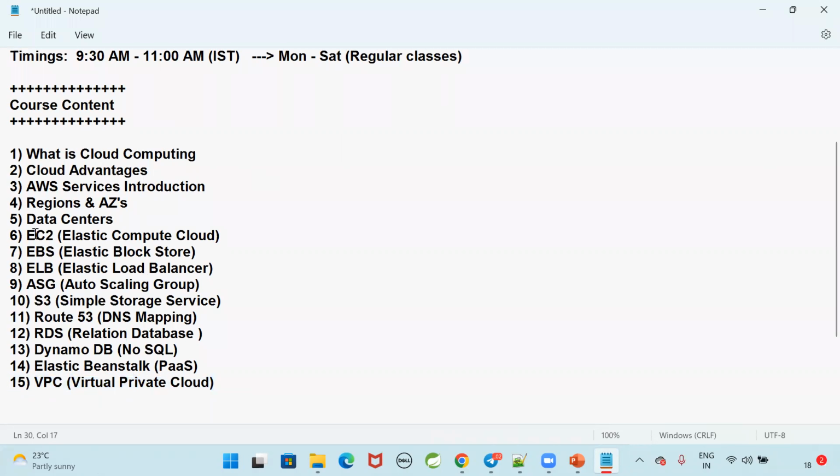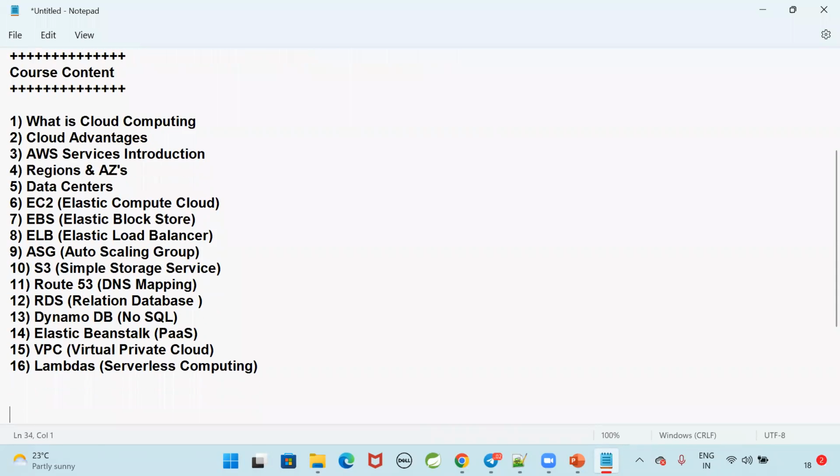Then we'll talk about Lambdas. For serverless computing, we are using Lambdas.